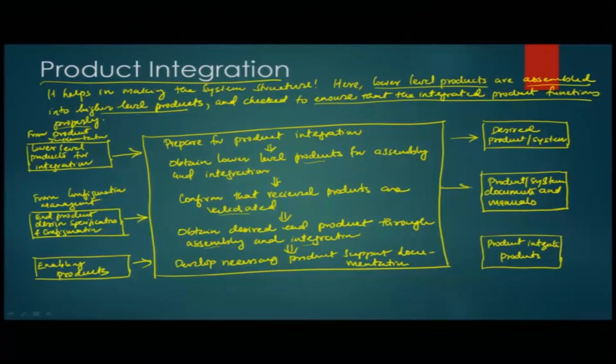So these are the three outputs that come out of the system, and we also know that this desired product or system that is developed will move to the product verification process. This will be the next one.